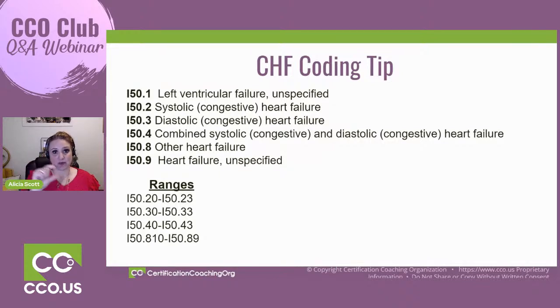We're going to talk about what the difference in those are. Or the patient can have both, where you have combined systolic and diastolic heart failure. Other heart failure, the code set defines other as we've identified it, but out of all of the codes that we have available that you see in front of you, none of them fit the diagnosis that's been given. And that's why other is used, the I50.8, and then 9 unspecified. And there's the ranges.